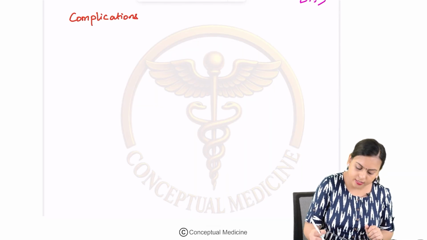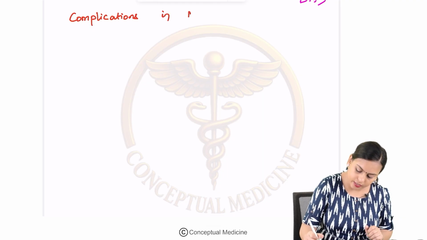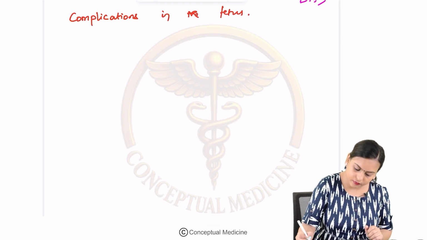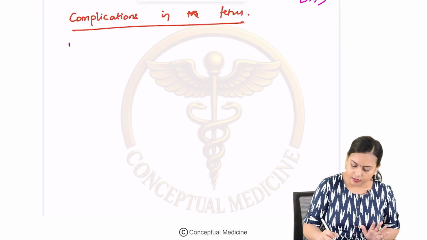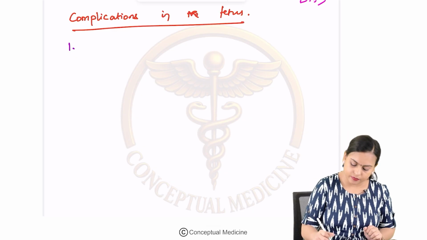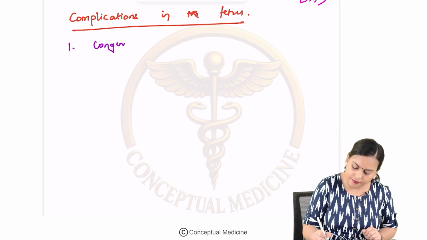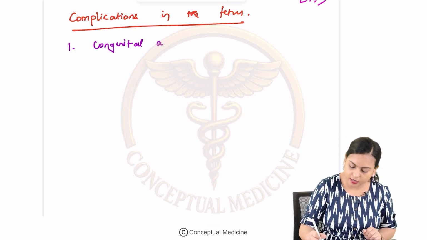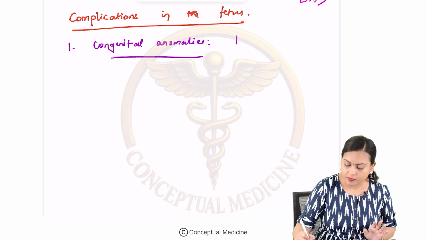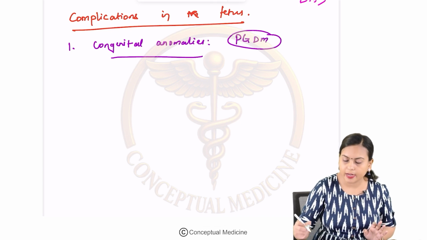So, complications in the fetus. There can be congenital anomalies, if it is a pre-gestational diabetes mellitus. This is mostly seen in pre-gestational diabetes mellitus. Why?